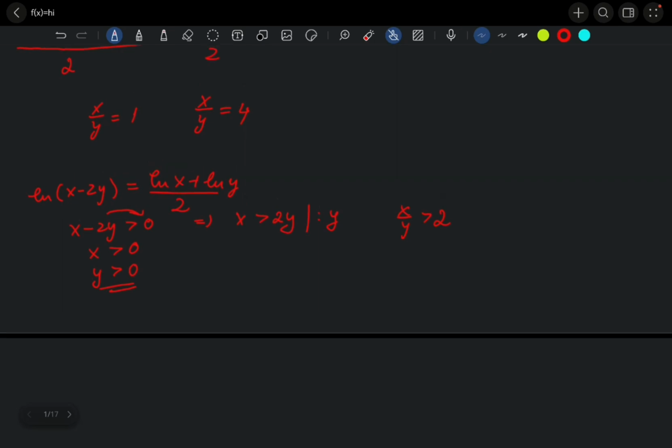Now, by taking into consideration this new inequality, we see that x over y cannot be equal to 1. So our final answer will be x over y must be equal to 4.